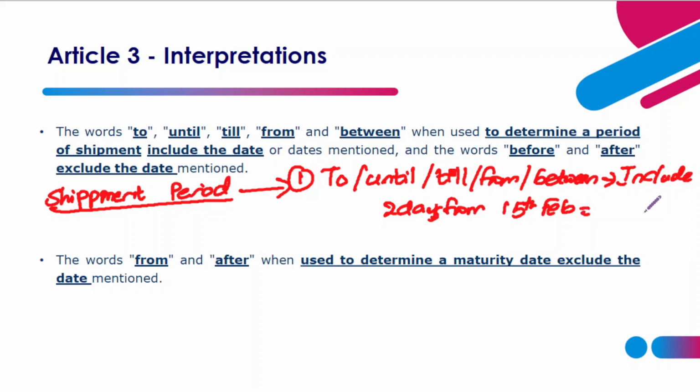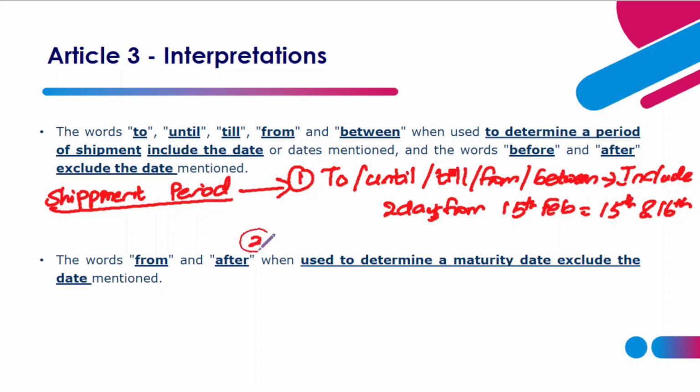So the 2 days is counted as 15th of February and 16th of February. So if your document comes with the bill of lading dated 17th February, it's unacceptable. Why? It's deviating from the 2 days from 15th February rule.